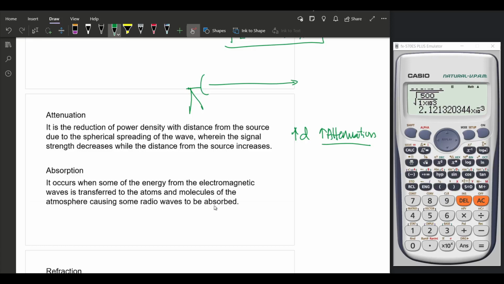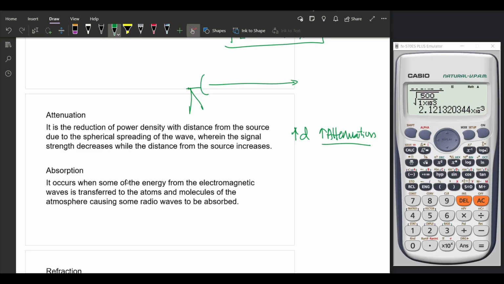So this is only possible sa atmosphere ng Earth. So there is no absorption sa outer space. So nabanggit ko nung unang lecture, magkaiba yung outer space at saka yung atmosphere ng Earth. So sa outer space, walang air circulation, walang wind circulation, so walang absorption. Okay? Pero merong attenuation. So both yung outer space and yung atmosphere ng Earth, parehas na may attenuation.